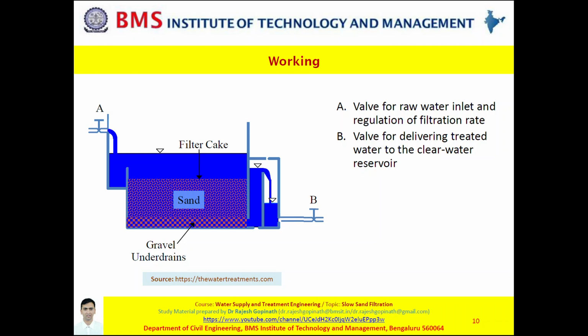The water here first falls on the filter media and then passes through the filter media to base media. From the base media, it enters the under drains. From the under drains, it then enters the outlet chamber and goes out.